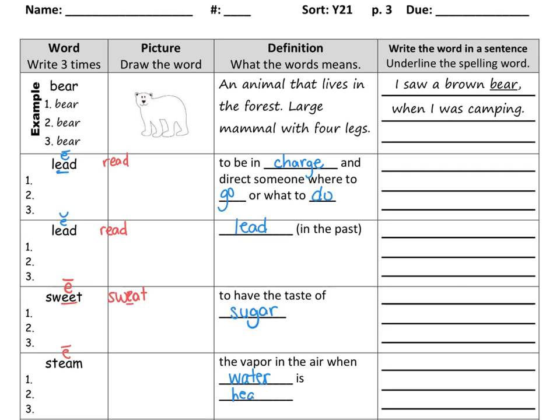When water is heated, the vapor we call steam. So here is my pot on the stove. The air that's coming off of it, that is steam.